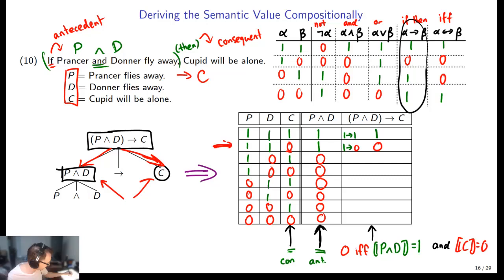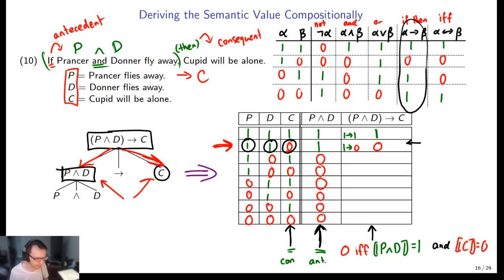This second situation says, what if Prancer does fly away, Donner does fly away, but Cupid is not alone? Is that original sentence true? And this says, no, that sentence is not true. If Prancer flies away and Donner flies away and Cupid is not alone, then the entire sentence is false.